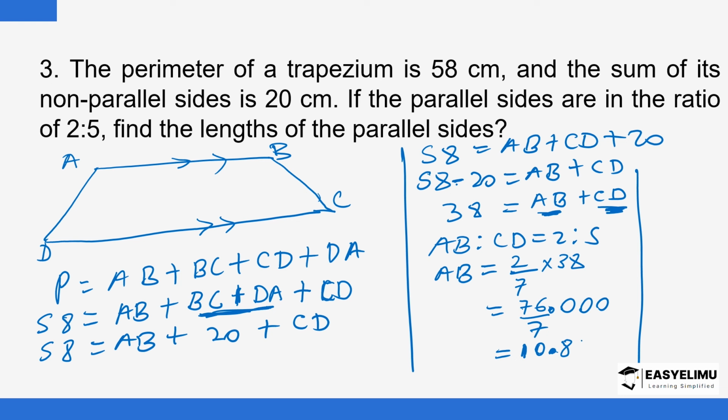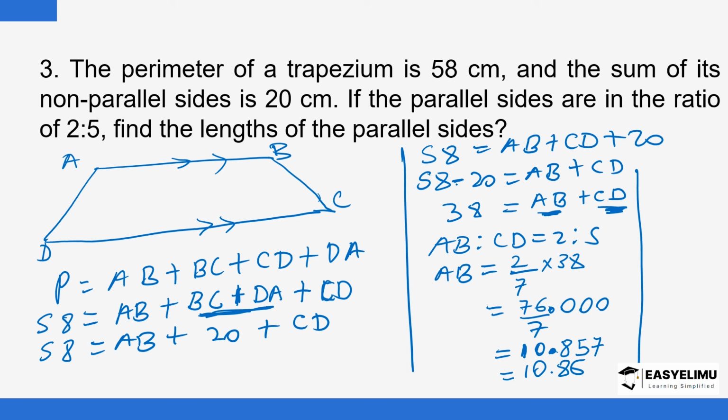Bring down 0, 40: it is 5 times because of 35, remainder is 5. Then 7 times because of 49, and it continues like that. So maybe you can round off to 4 figures. So you have 10.86.